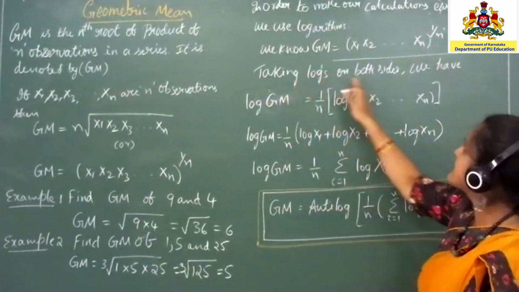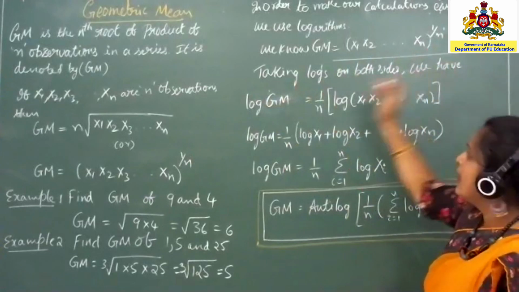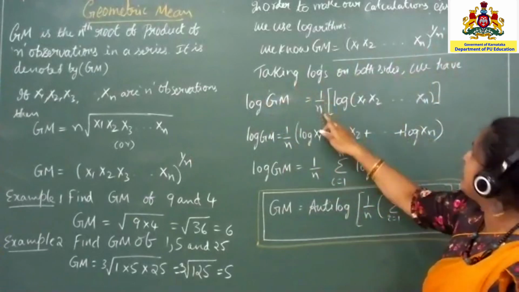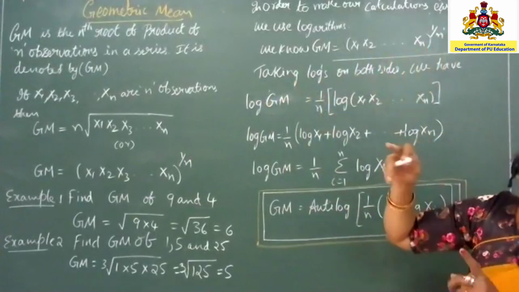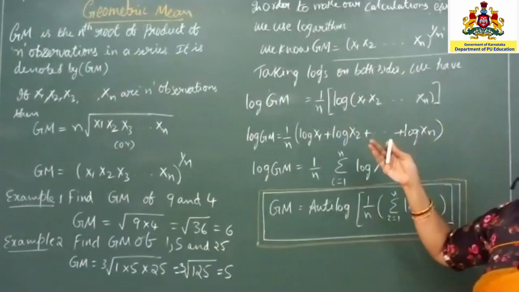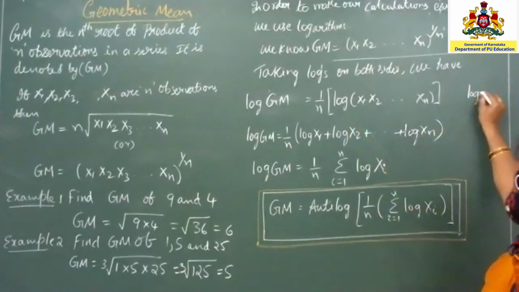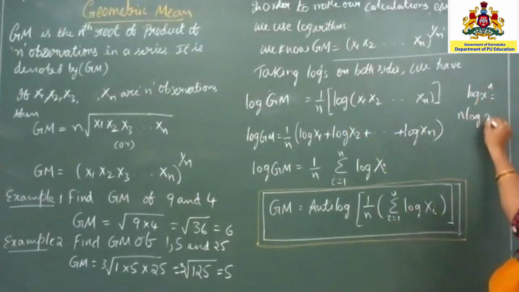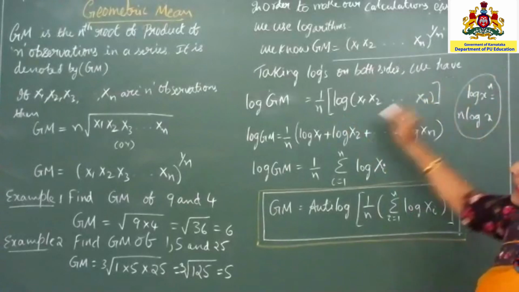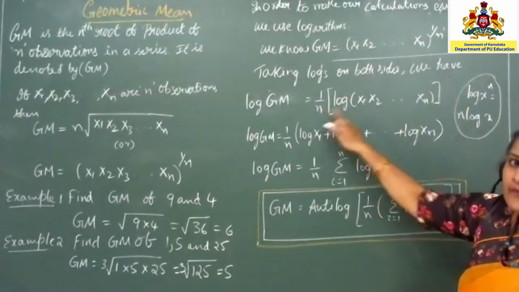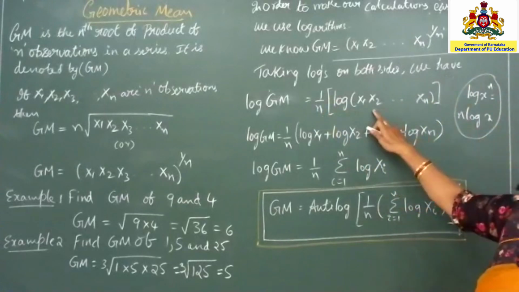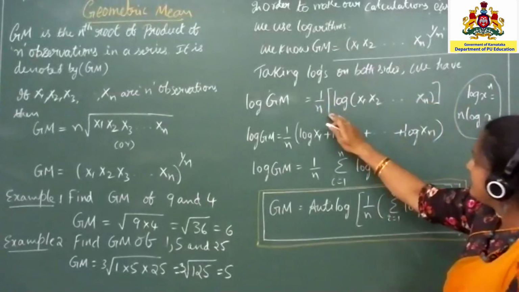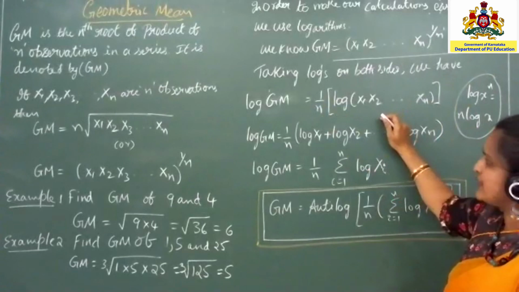Taking logs on both sides, we get log GM is equal to 1 by n times log of x1 into x2 and so on xn. Here we use the formula log x to the power n is equal to n log x.